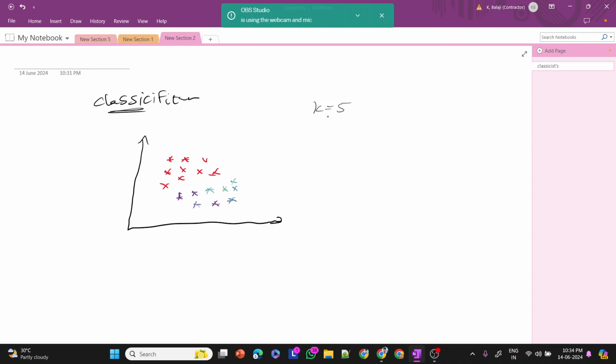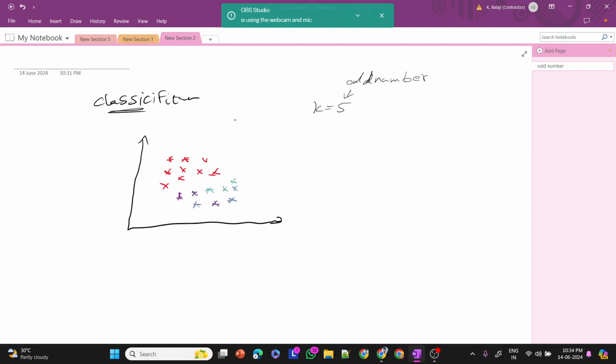So we need to select the k value accurately, and this k value should be an odd number. I will tell why this number should be odd.